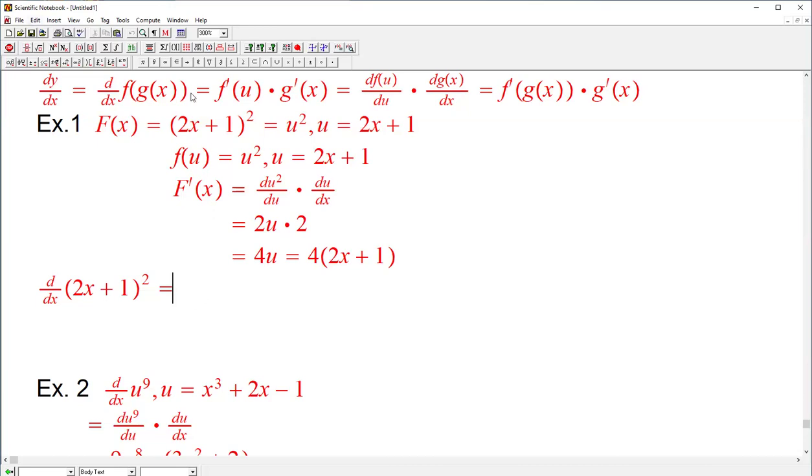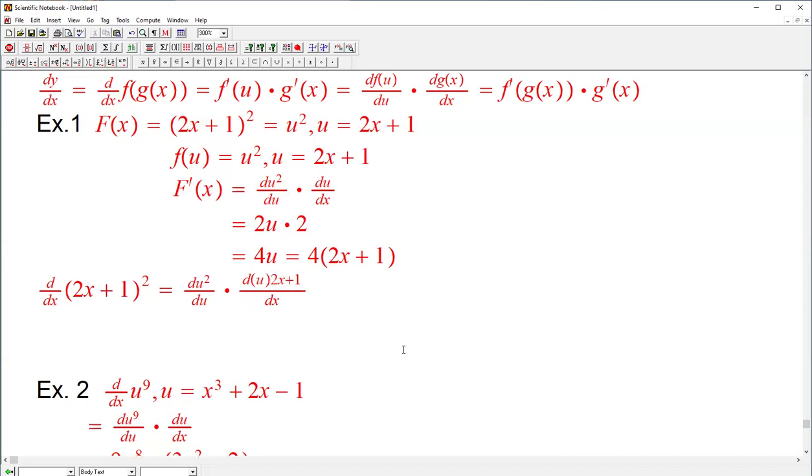You can show it this way: this piece is going to be u squared right here, and then du dx, which you can write as 2x plus 1.